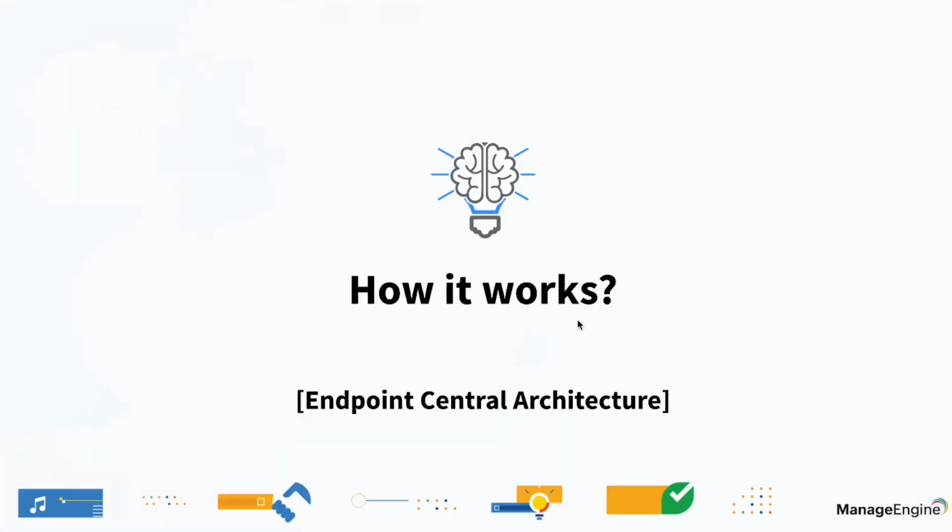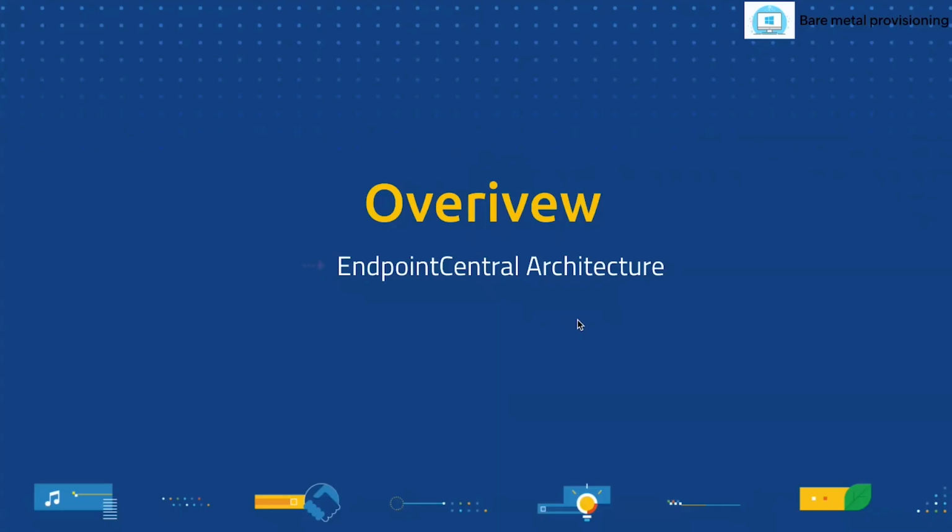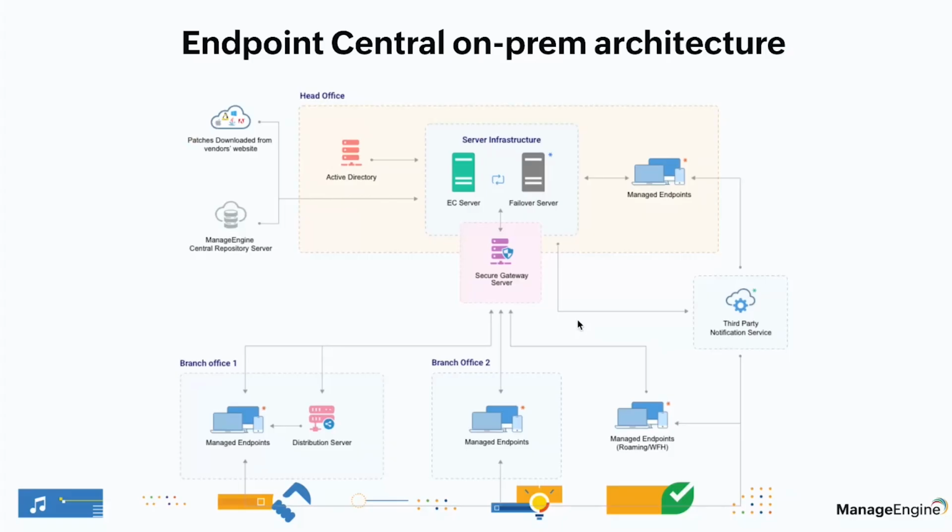So how does it work? This is where we will talk about architecture. Let's say John is given a distributed workforce to manage, and this time he is going to use an Endpoint Central on-prem server.